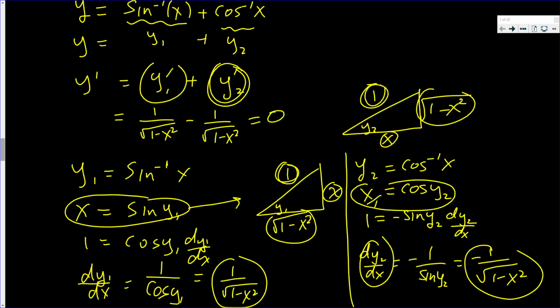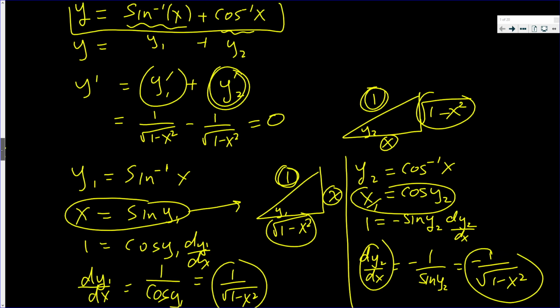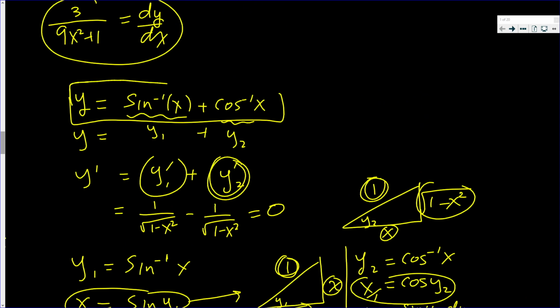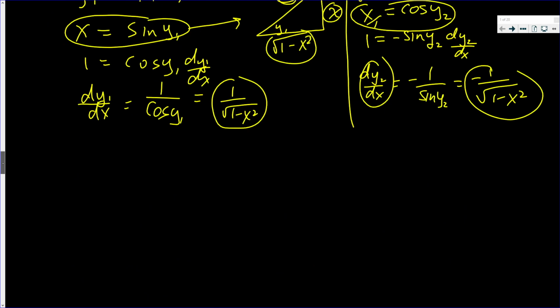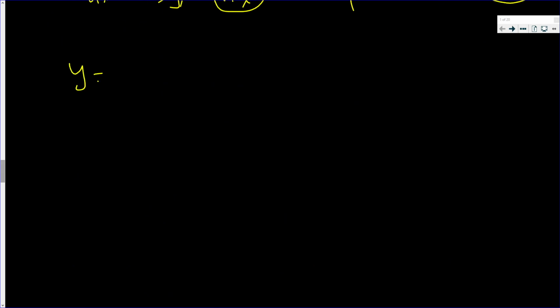Ooh, we got 0. If the derivative of this is 0, then this must equal a constant. Interesting. Let us see if we can find out what that constant is.